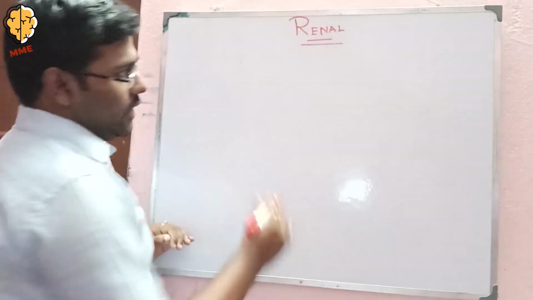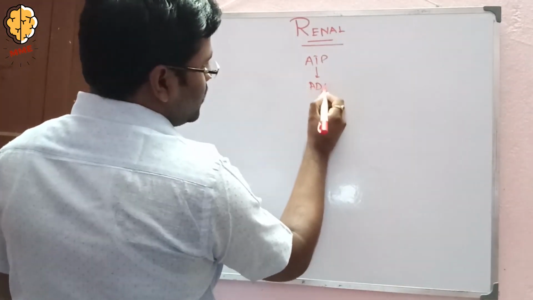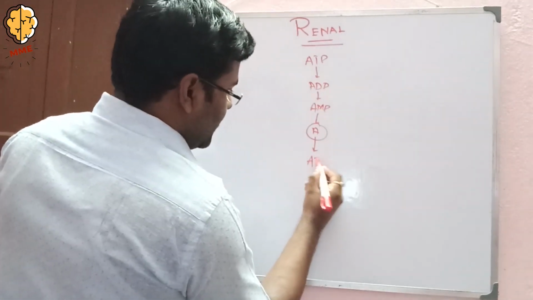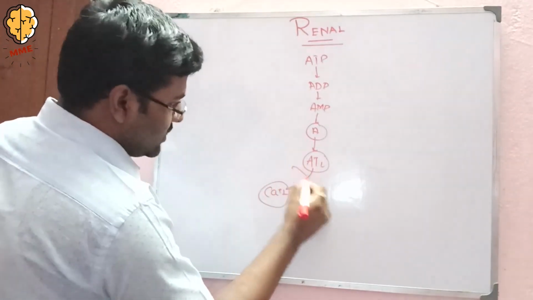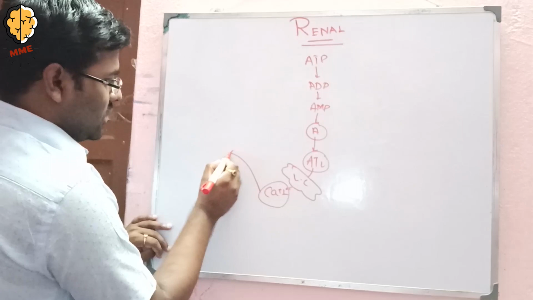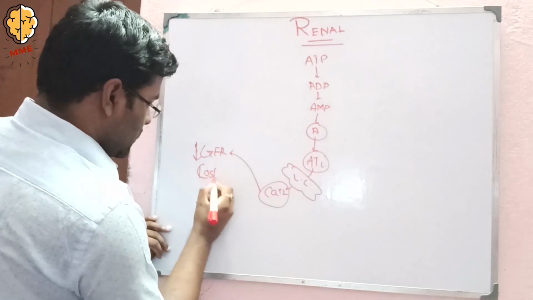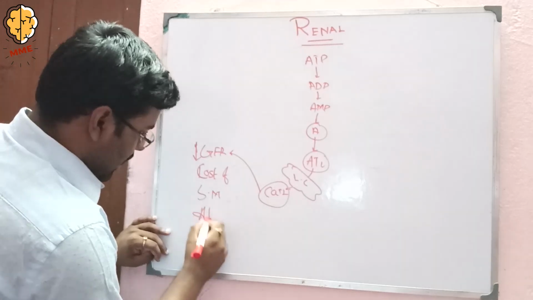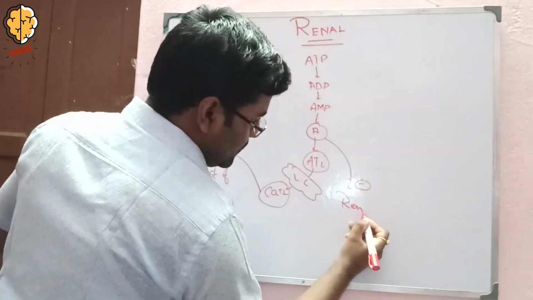I think you remember: ATP gets to ADP, to AMP, to adenosine, which binds with adenosine receptor 1, which gives calcium from the Lacis cell, and the calcium decreases the GFR by constriction of the smooth muscle around the afferent arteriole, and this adenosine has a negative feedback on renin.